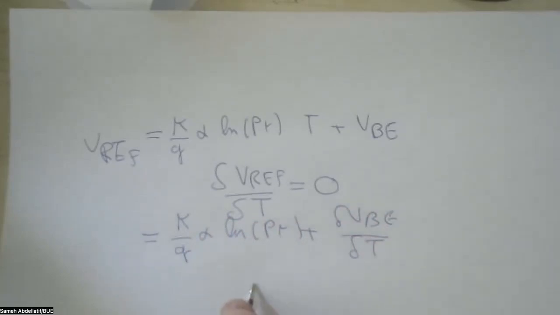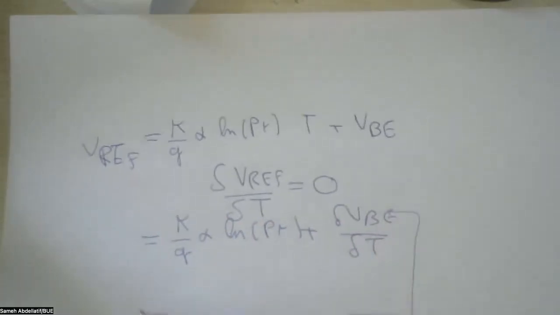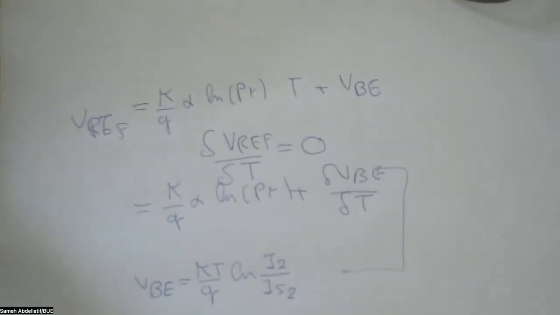As you know, we already investigated this in the first part, that this is an uncontrollable term because VBE, if you remember, equals KT over Q ln I2 over IS2. So, generally speaking, this VBE is a complicated function of temperature.